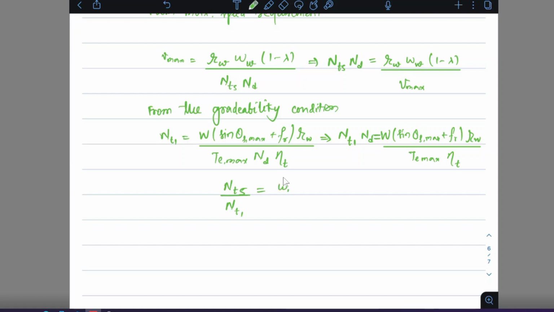This will be omega max, 1 minus lambda, into T max, eta T, over V max.